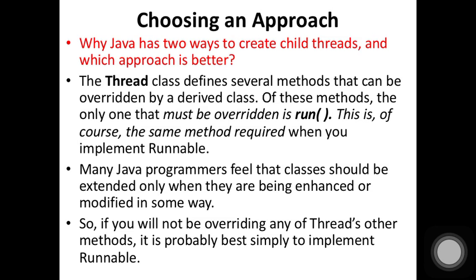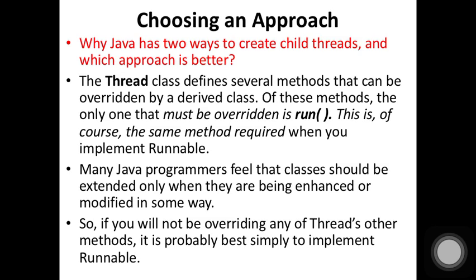So here we have two approaches. Why does Java have two ways to create a child thread, and which approach is better? The Thread class defines several methods that can be overridden by a derived class. Thread is a class with certain methods already defined, and whenever we extend it we may override them, but the only one that must be overridden is run.